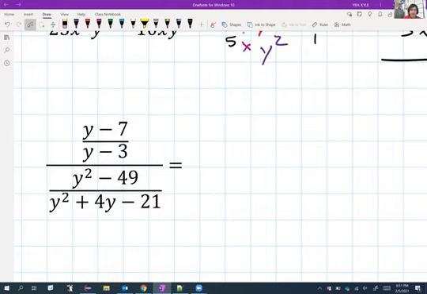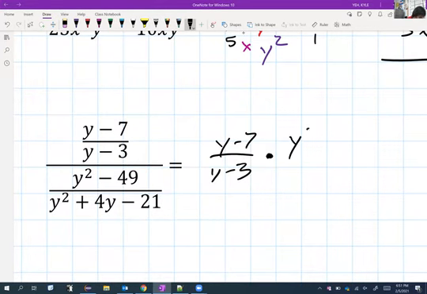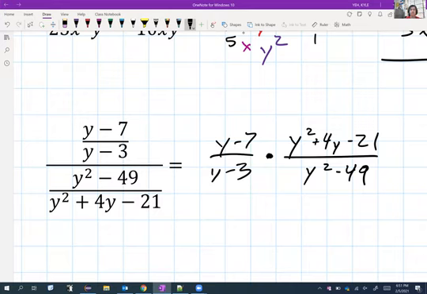Well, if you recognize that this is a rational expression divided by a rational expression, we can just say that this is (y minus 7) over (y minus 3), copy dot flip, (y squared plus 4y minus 21) over (y squared minus 49).